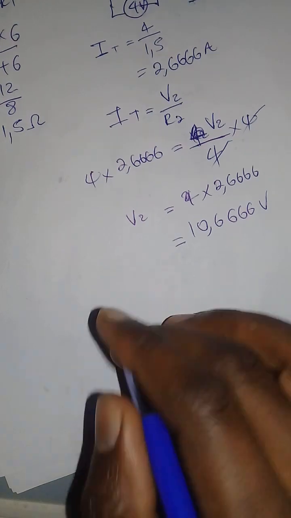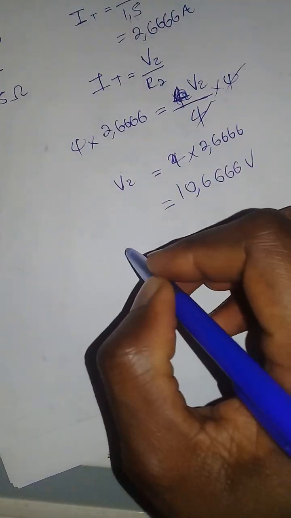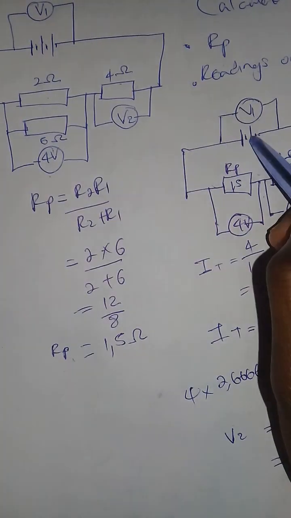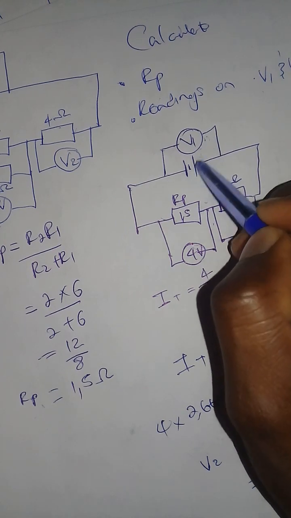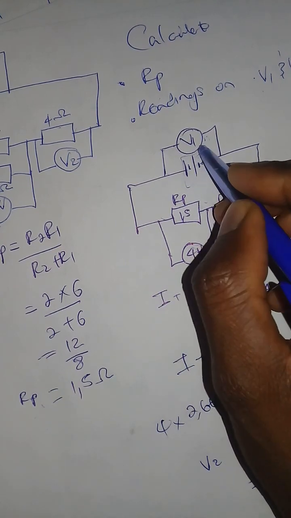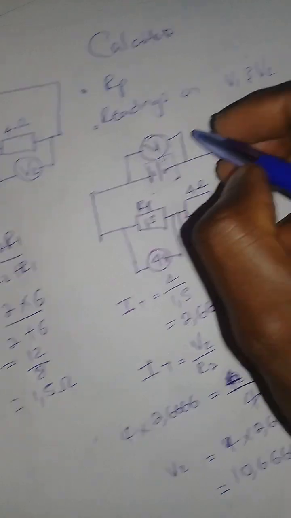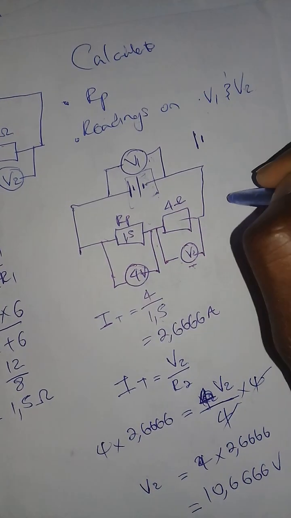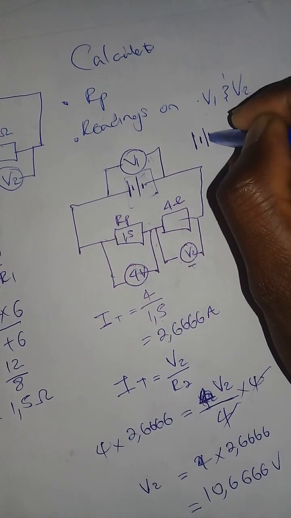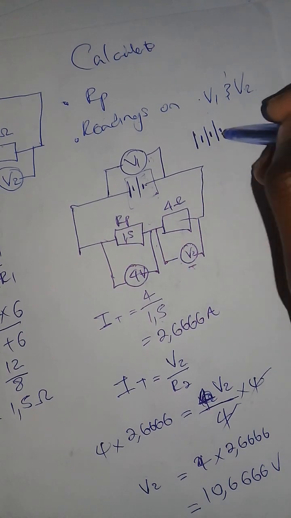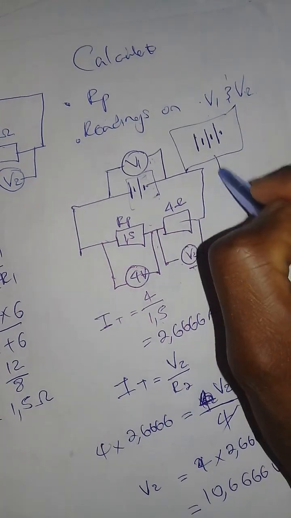Now, in order for you to find V1, we can use the sum of voltage. We can see that this voltage reading is within the battery. This is called a cell. If it's more than one, then it's a battery.